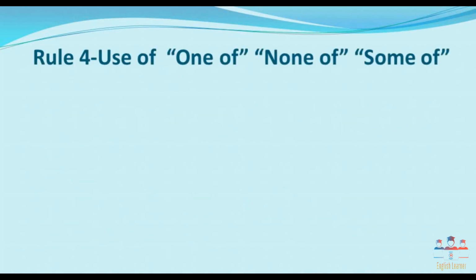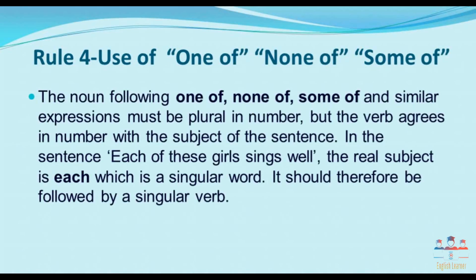Next we are going to have rule number 4. It is the use of one of, none of, or some of. Let's have the rule. The nouns following one of, none of, some of are similar in expression. They are used interchangeably and must be plural in number, but the verb agrees in number with the subject of the sentence.